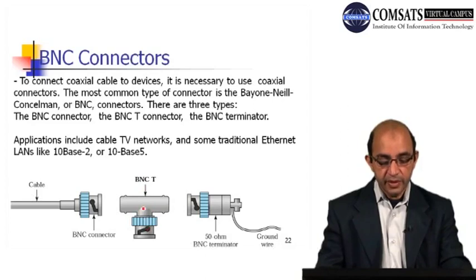So this is the T-type BNC connector. Here you can see that if the cable is going like this and you want to cut and connect, you need a T connector over here that will fit and connect those cables, and we can have a connection from here, right?